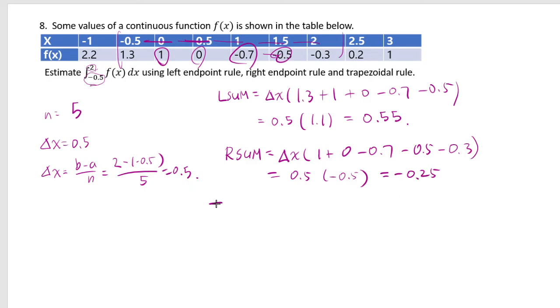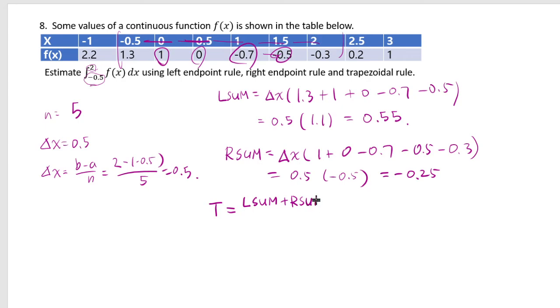Okay, and finally, what's the trapezoidal rule? The trapezoidal rule uses the fact that, depending on whether the function is increasing or decreasing, one of the left or right sums would be an underestimate and the other would be an overestimate. So if you have one that's underestimating and another one that's overestimating, then taking the average of the two would be a better approximation, right?